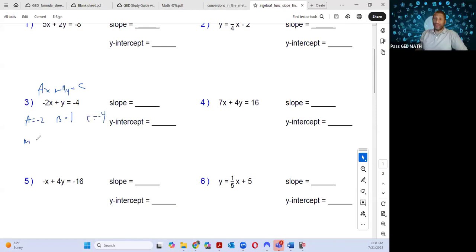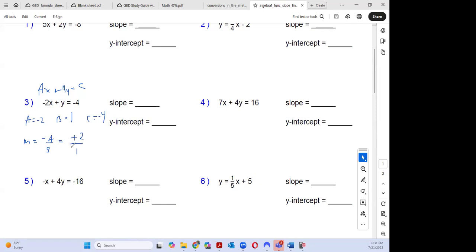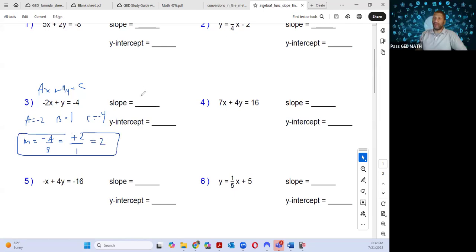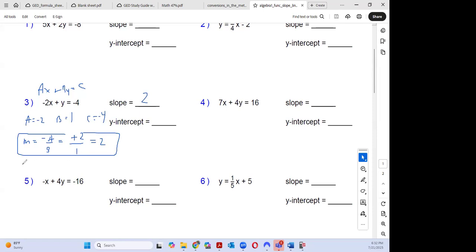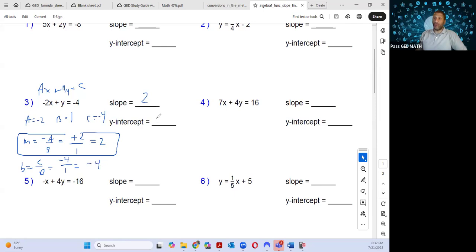Mr. Tinsley told me the easy way to find a slope from standard form is the opposite of A over B. If A is -2, the opposite of -2 is +2. B is 1. So the slope is 2 because 2 over 1 simplifies to 2. The y-intercept is C over B. My C is -4. My B is 1. -4 over 1 reduces to -4. So my y-intercept is -4.